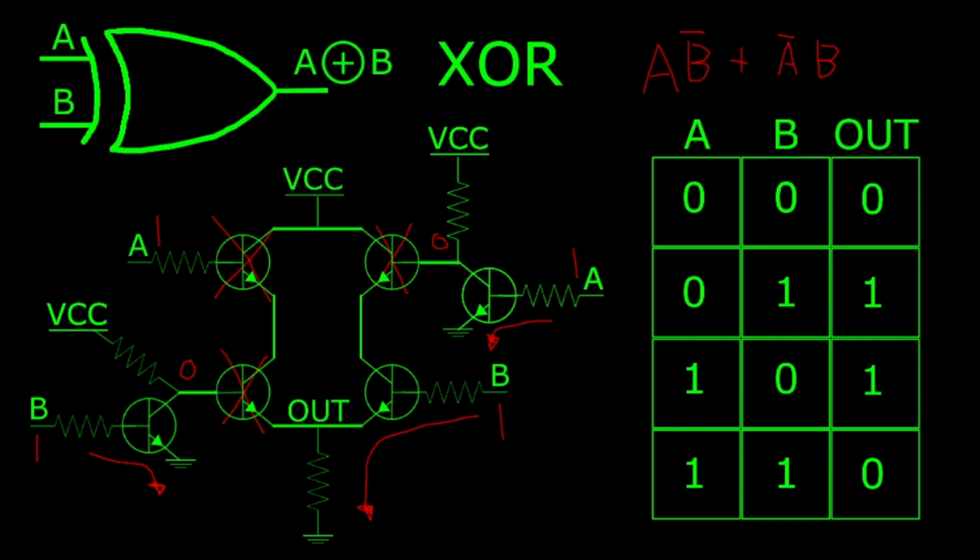And again, we have this scenario where even though we have a current path from point B to ground, because this resistor at the base here has such a high resistance compared to this resistor at our output, we can say that the entire high signal from B here drops across this one resistor, and so our output signal will still be low. And that's how the exclusive OR gate works.